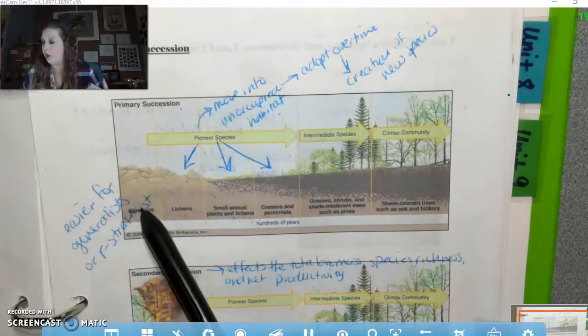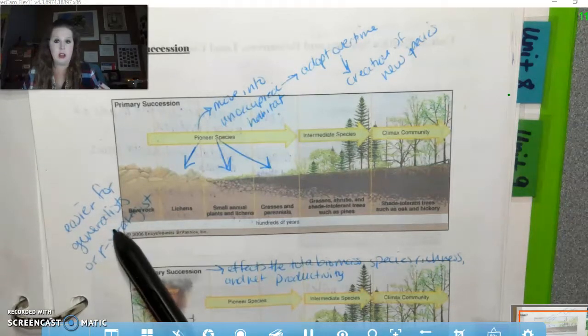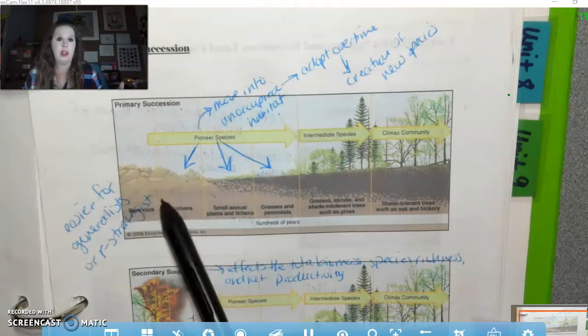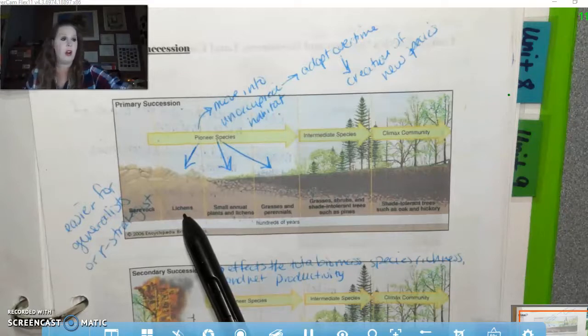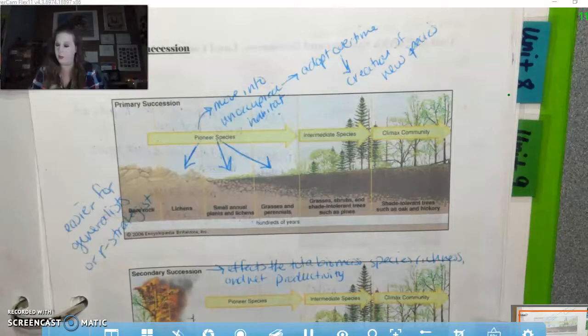Now, when we have initial colonization in an area like this, it's going to be easiest for generalists or r-strategists to move in here. And so some of the first things that we see here are lichens, and I'm going to add some stuff on here, so please write with me, guys.